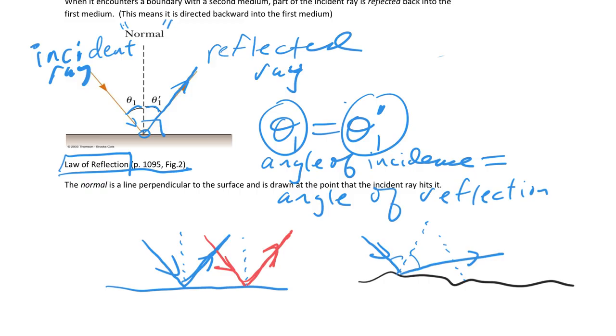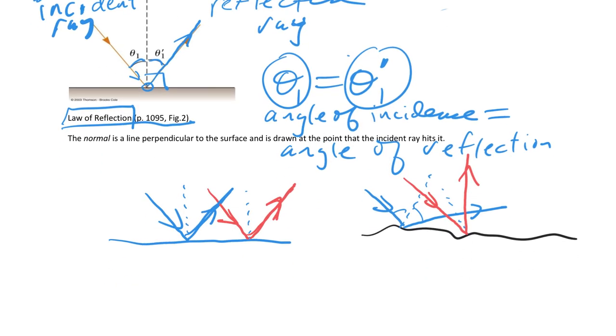But the red ray would go like this. I'm trying to draw a parallel to the incoming other. And then it would reflect like that. So your eye would not see an image because the red and the blue reflected rays are not parallel. Your eye wouldn't figure that out.